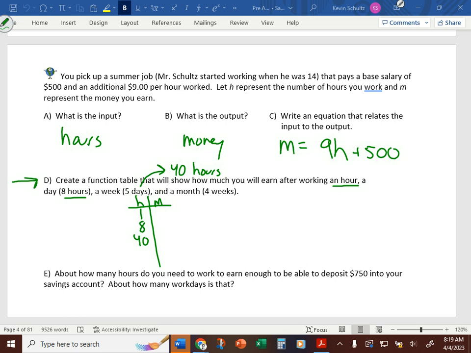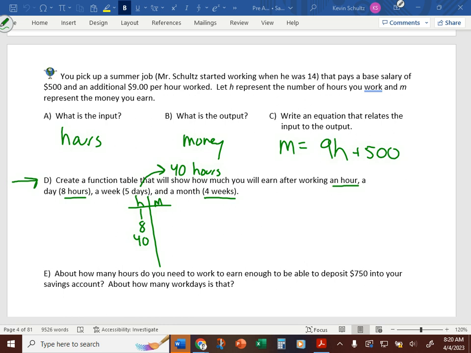Okay? And then lastly, a month, which is 4 weeks. What number are you plugging in to our function here? I want to know how much money you make after 4 weeks. Each week is 5 days. Each day is 8 hours. What number are we plugging in? Landon? 160. How did you get 160? 40 times 4.